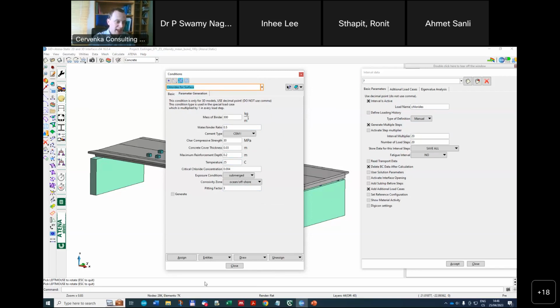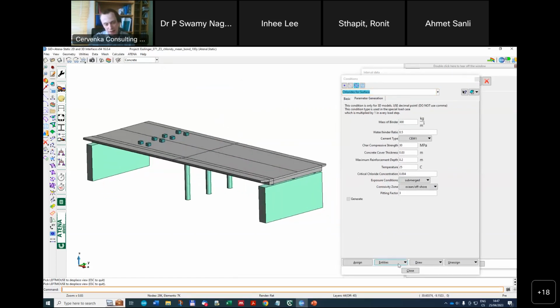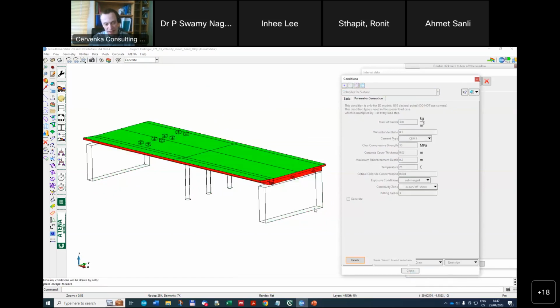In my case, I already have this boundary condition applied on the model. So if I plot it, I can show it in here and select the option draw and colors.